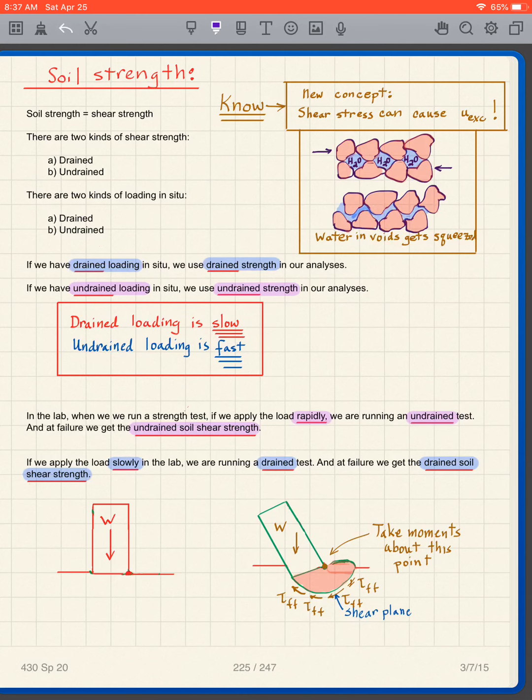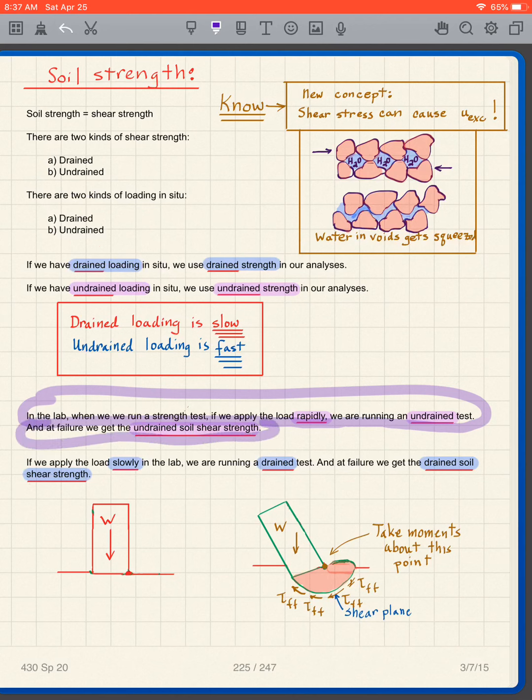Now, the way it works is in the lab, when we run a strength test, if we apply the load rapidly or fast, we are running an undrained test. And at failure, we get the undrained soil shear strength.